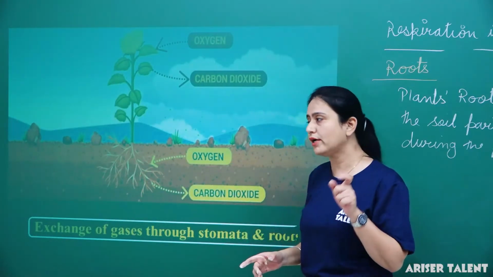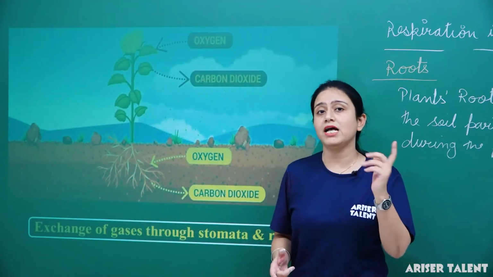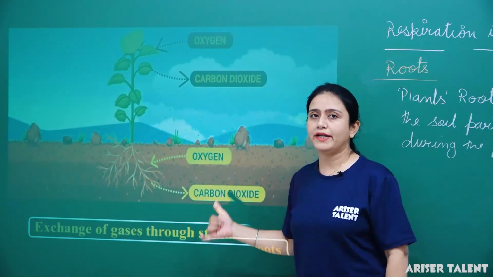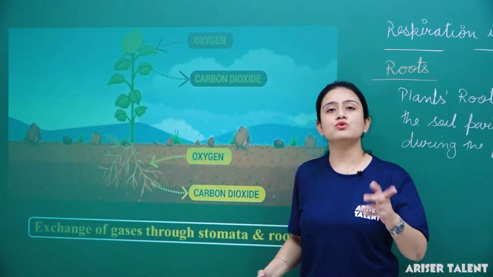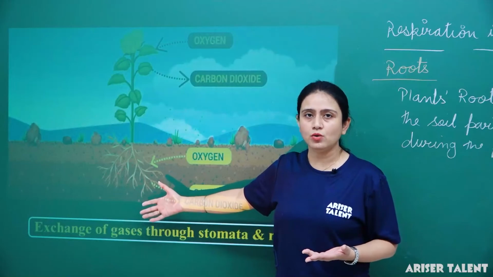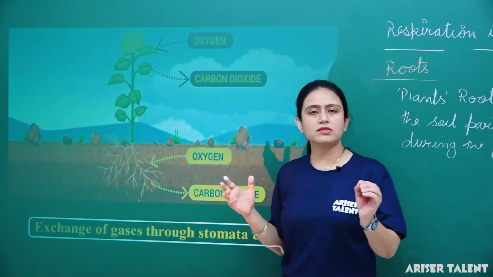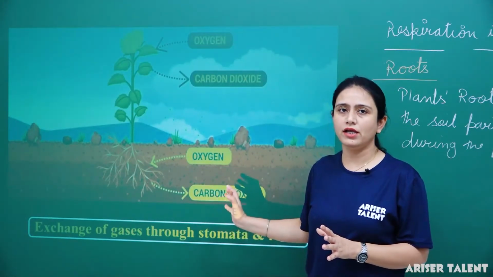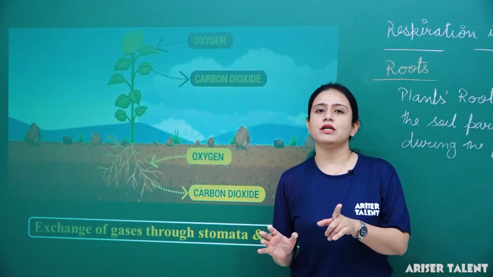So this is the important thing to be noted here, that the roots absorb the water as well as the oxygen from the soil particles. So we can say that both the parts of the plant, the upper part and the lower part, do respiration. The roots absorb oxygen from the soil particles and then release carbon dioxide there only. So this is the complete process of respiration in plants.